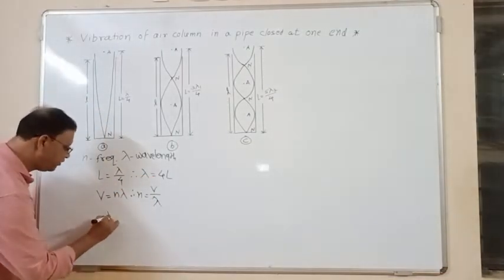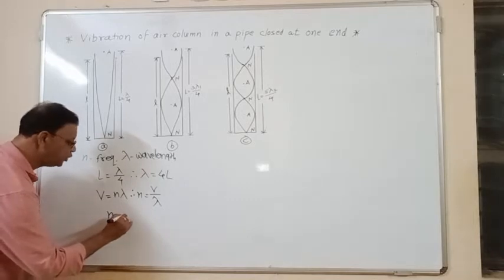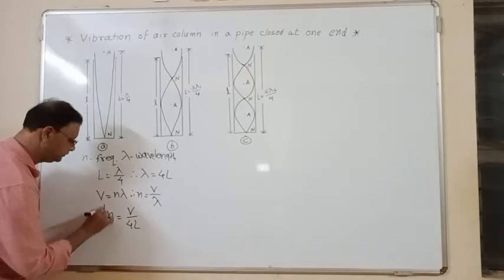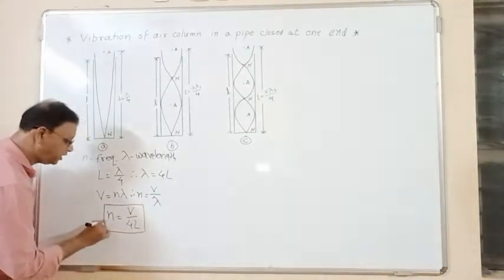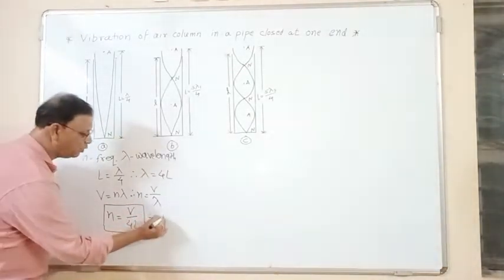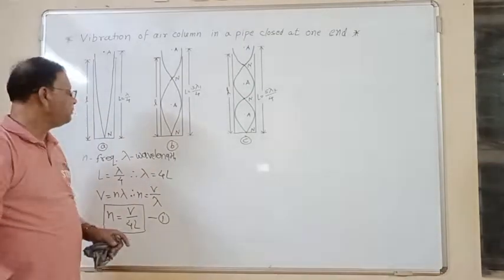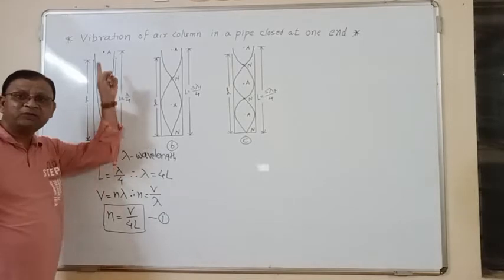So the frequency of vibration n is equal to v divided by 4L. This is the lowest frequency of vibration of an air column in the case of a pipe closed at one end.